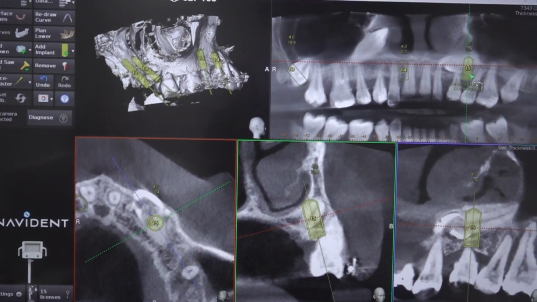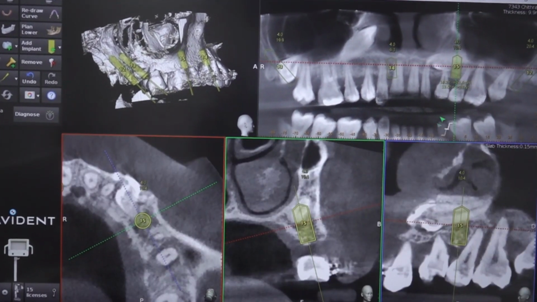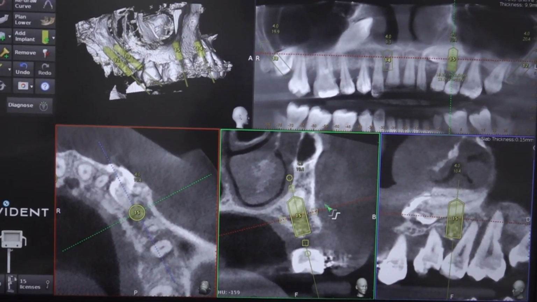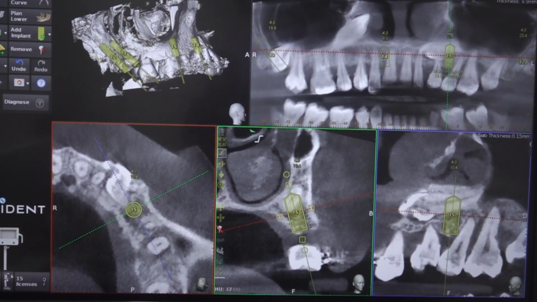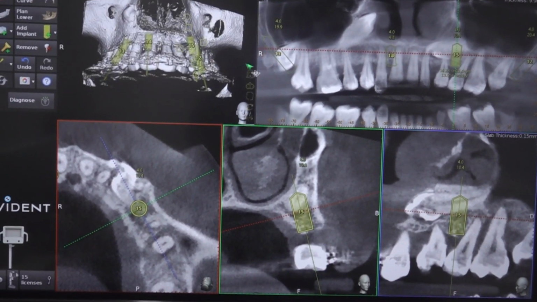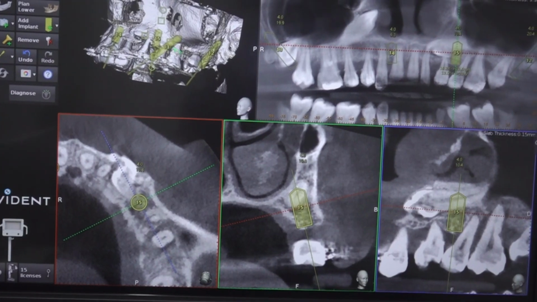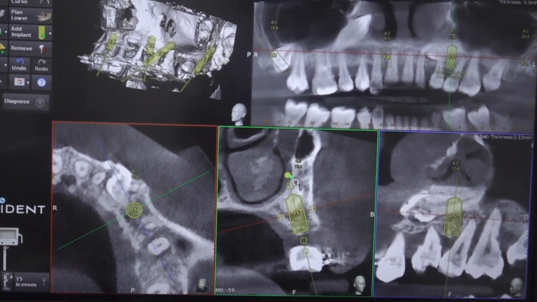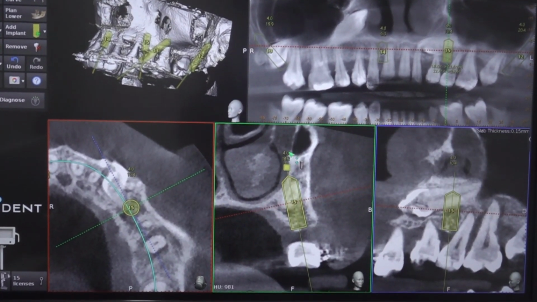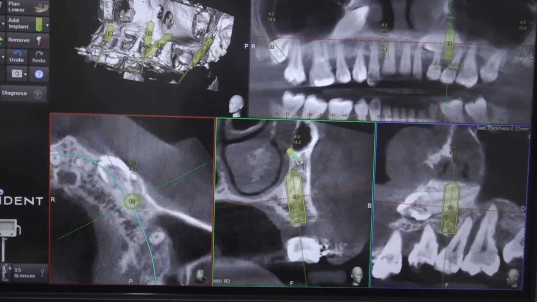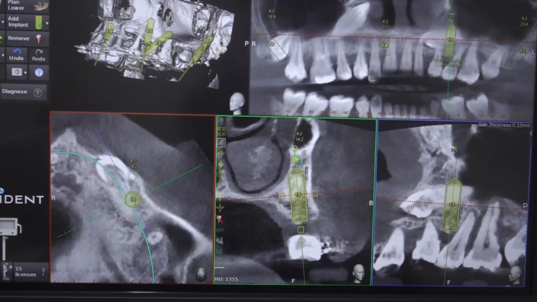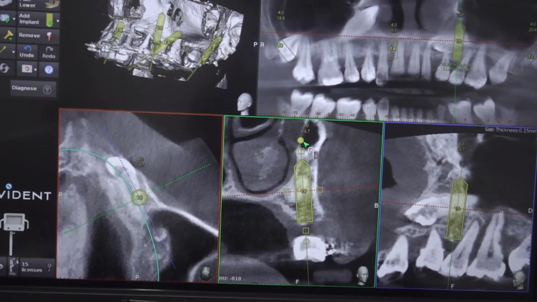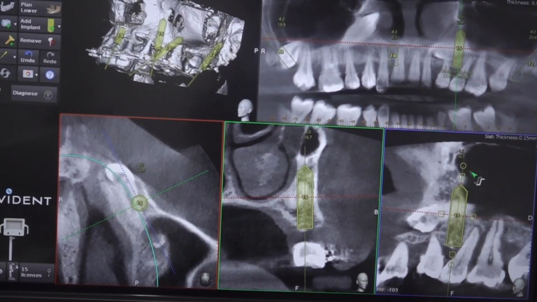We will check between 2.4 and 2.5. Here somewhat it looks okay. Here there is bone, the buttress area.